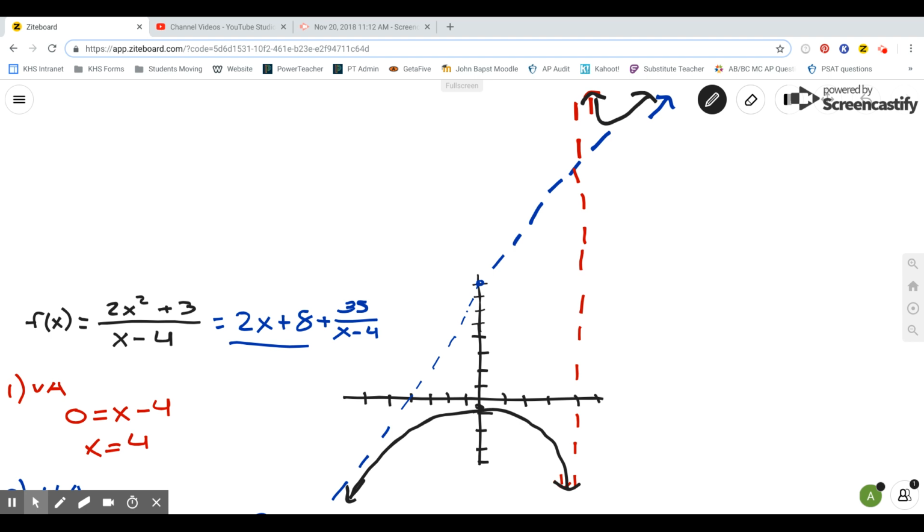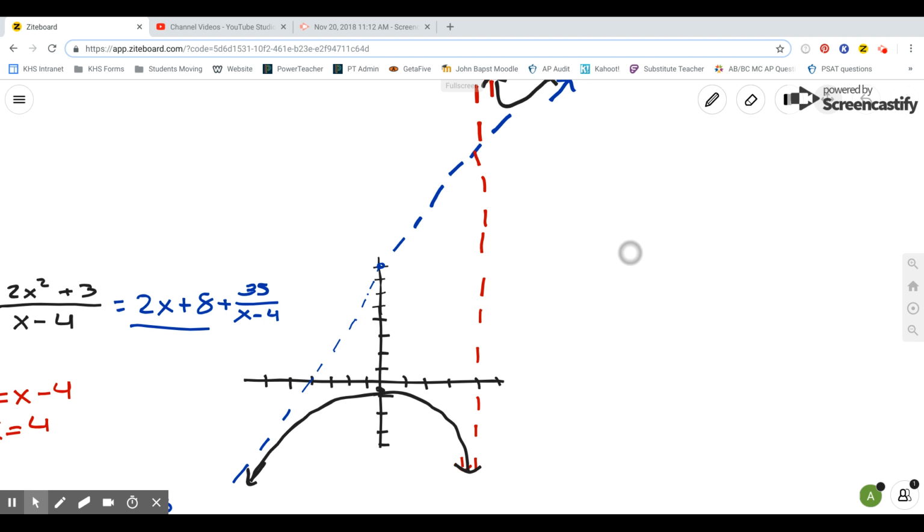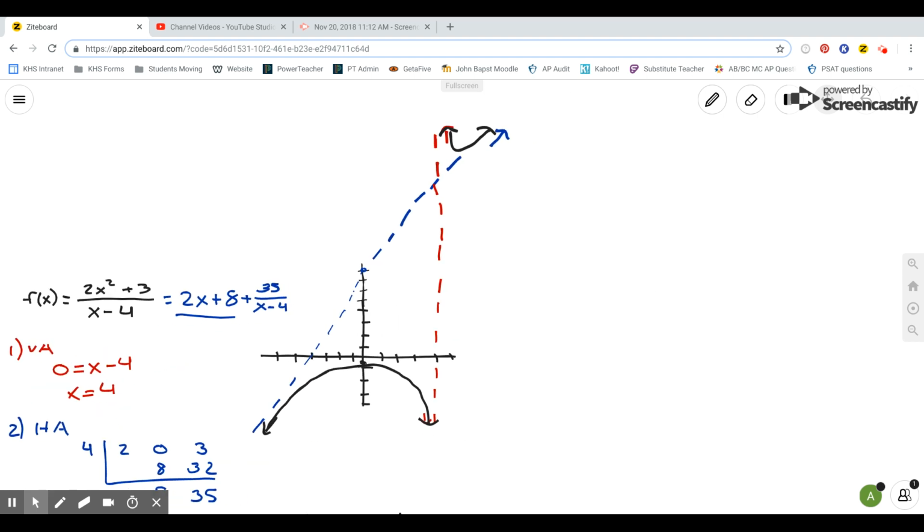All right, so I made this a little clearer. This is just going to be a very rough sketch. At 4, I have that vertical asymptote.